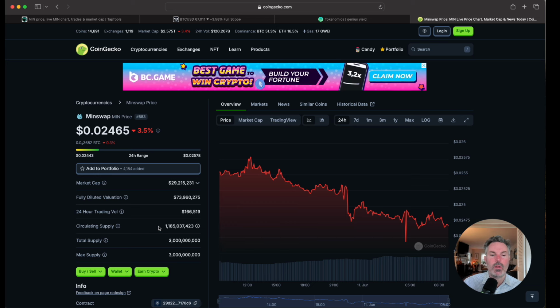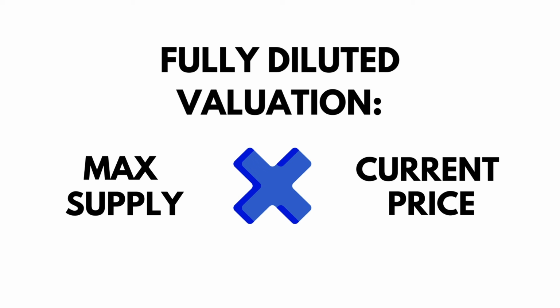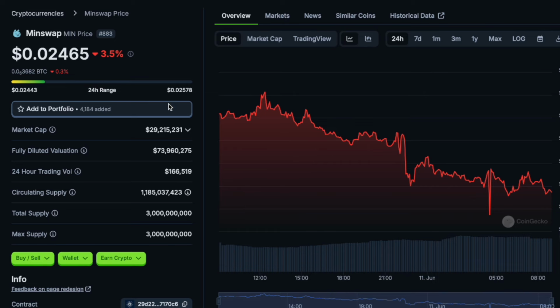Like, how long will this token take to get to 3 billion? If tomorrow 500 million tokens come out, that's going to affect and dilute the price. That's why they call it the fully diluted valuation. The fully diluted valuation is the max supply of tokens multiplied by the price, and that's where you can make some of your measurements from.